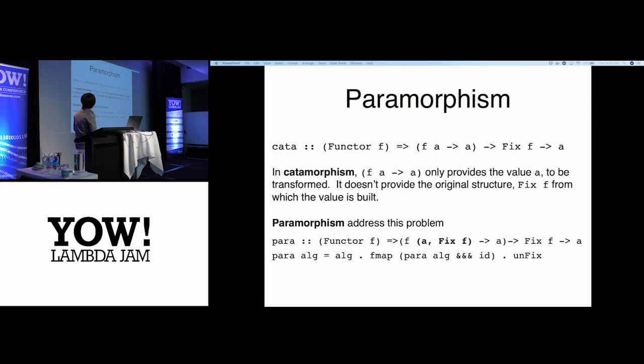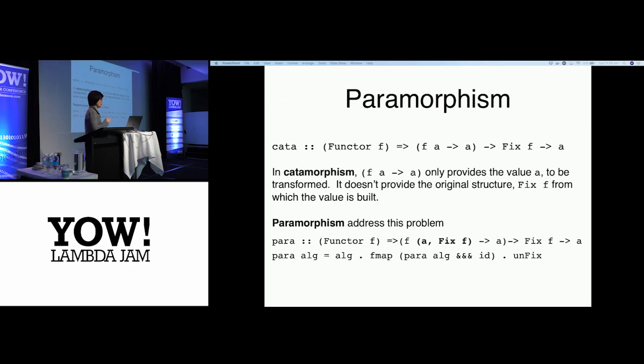It doesn't provide the original last structure, which is Fix of F, from which the value A is built. And therefore, here is something called paramorphism. It's really similar to catamorphism. You just have an additional Fix of F here, and that's it. With that, we can use this last structure.